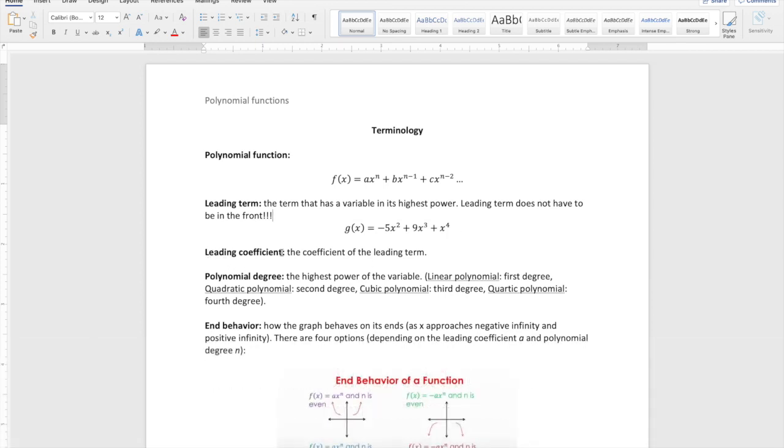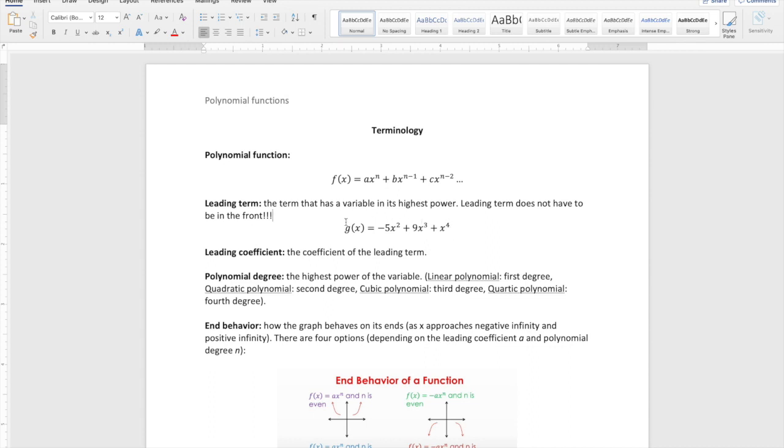Now the leading coefficient is the coefficient of the leading term. So when you're asked for the leading coefficient, you are only looking for the number in front of the x with the highest power.